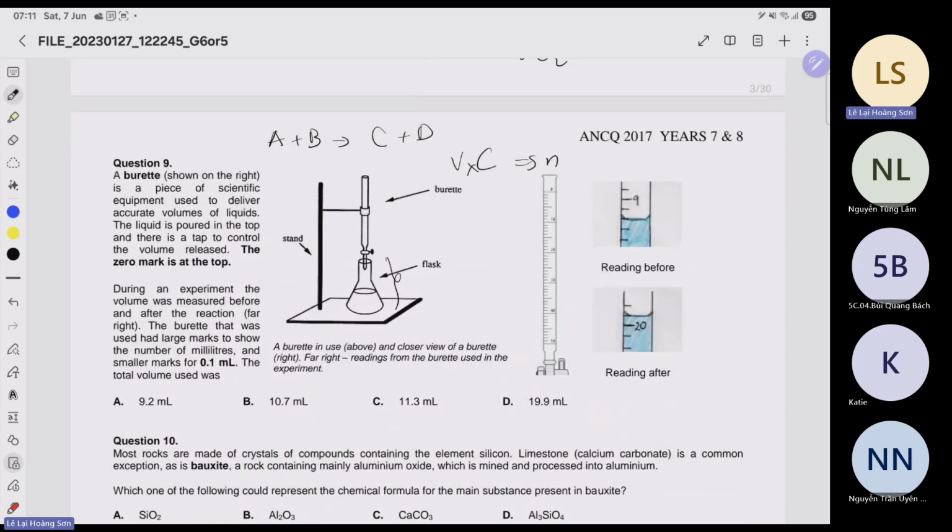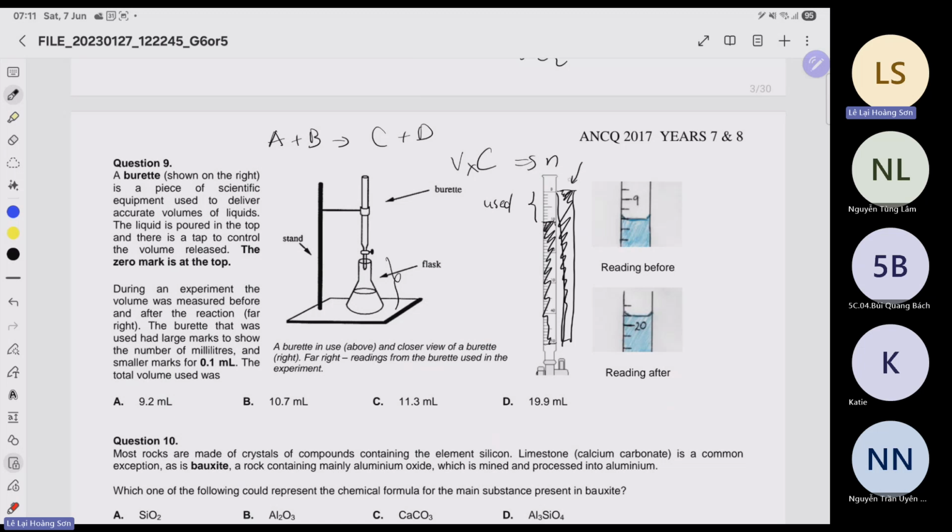The way a burette works is like this: initially, the height of the solution inside the burette is here, and after the reaction you use up some and you have this. So you see that we actually use up this much solution. We are not going to use the whole burette, but you use this much of the solution in the burette.